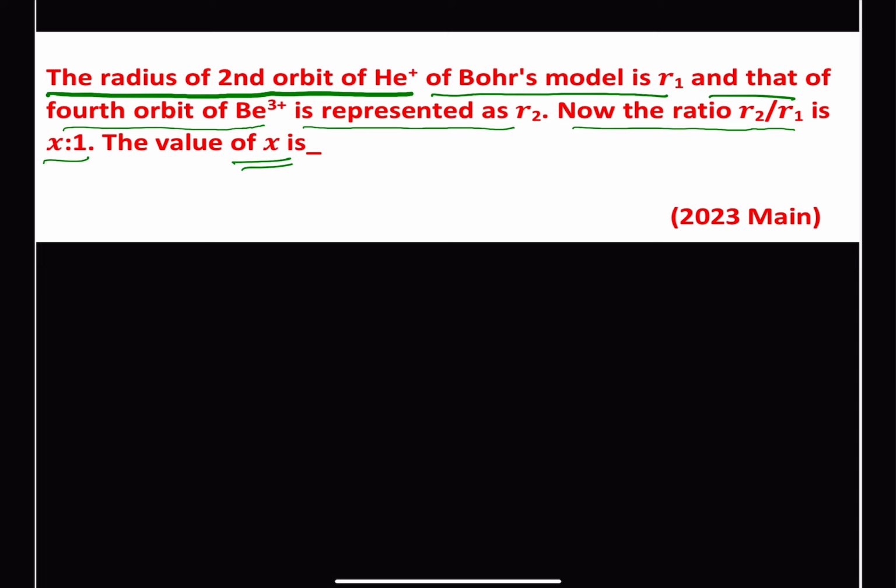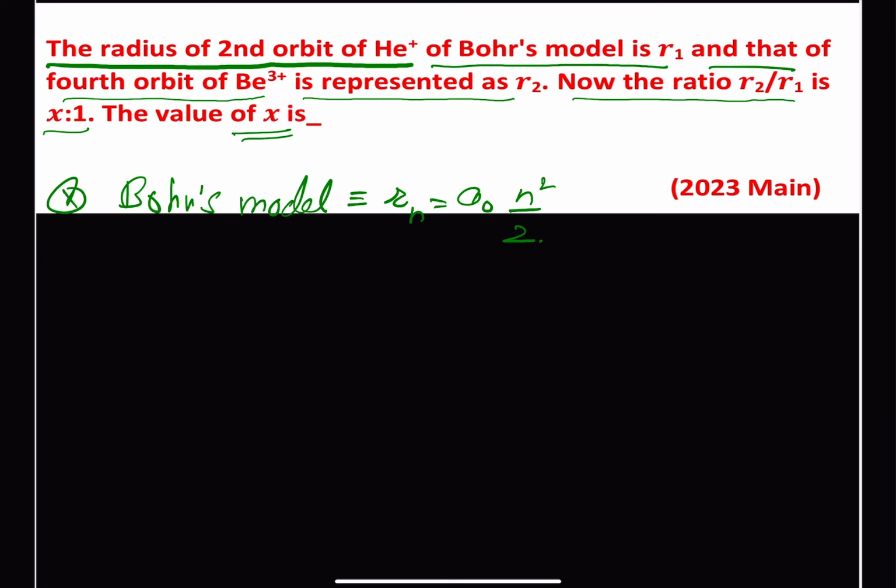Here we can use the Bohr model for radius. Bohr's model gives us that R of n is equal to a naught n square upon Z. We have two compounds, two ions, one is helium 1 positive and the other is beryllium 3 positive.